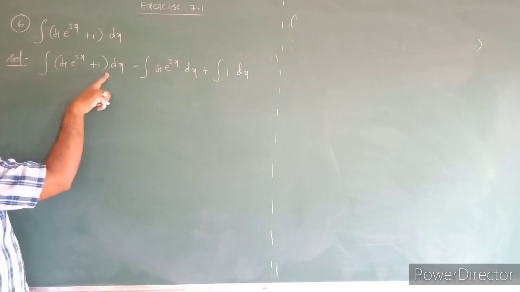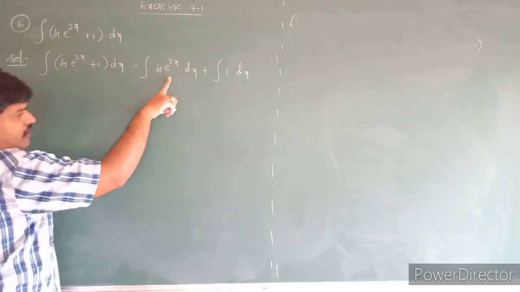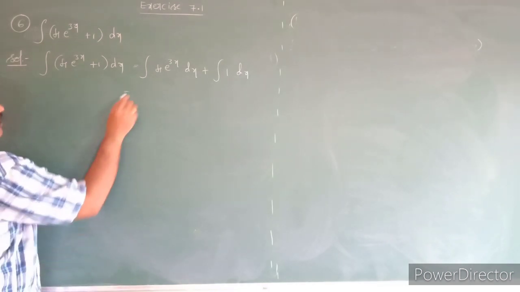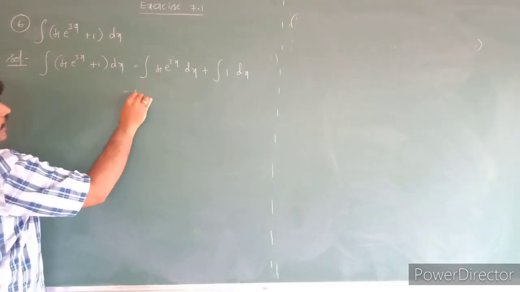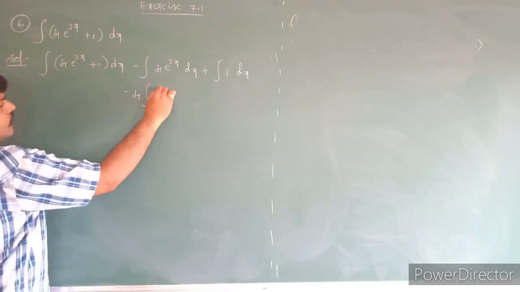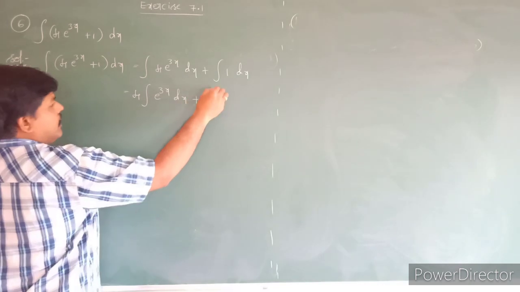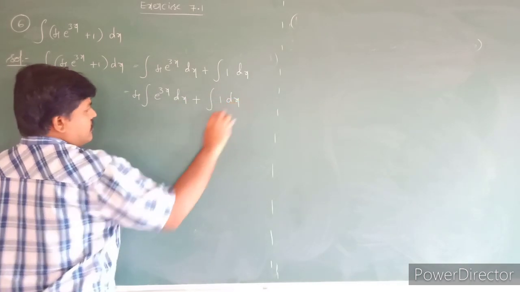Integral of f of x plus g of x into dx is integral of f of x plus integral of g of x. Here 4 is a constant, you can take it out: 4 into integral of e power 3x into dx plus integral of 1 into dx.